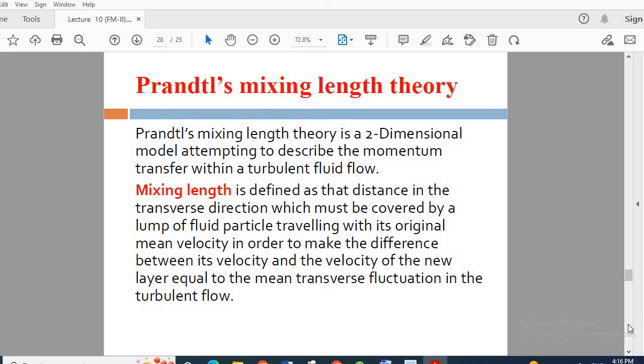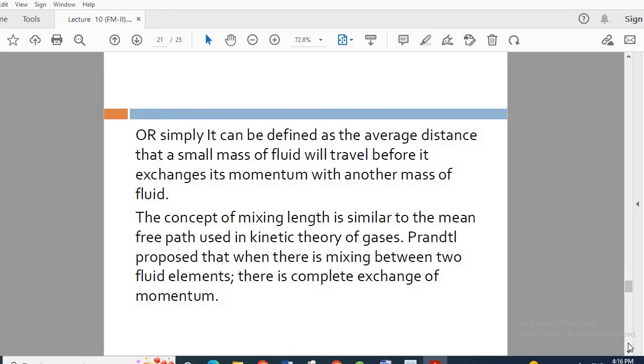Mixing length is defined as the distance in the transverse direction, or simply it can be defined as the average distance, and the concept of mixing length is similar to the mean free path in kinetic theory.